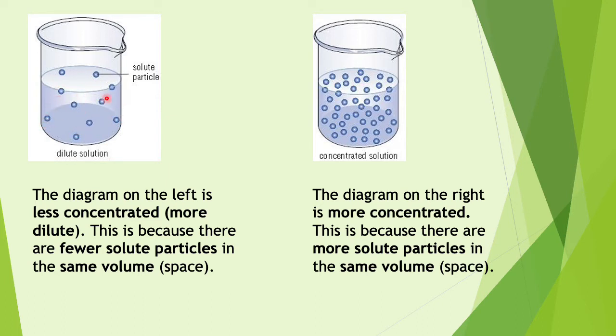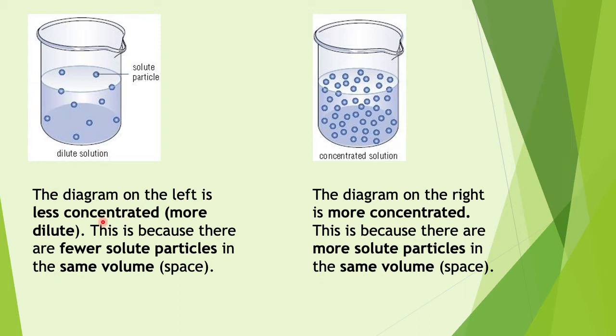We'd think about those solute particles as being squash particles. Whereas in the diagram on the right-hand side, you've got a great deal of solute particles, that is to say squash particles, in the solution. So this solution here is concentrated, whereas this solution here is dilute.